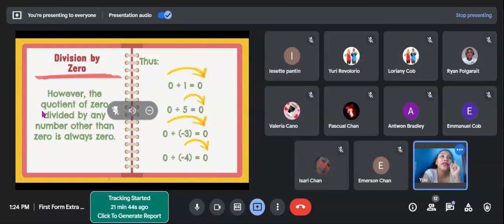So when I have 3 divided by 0, that gives me infinity. And when I have 0 divided by 3, that gives me 0. So do you understand that these are two different questions with two different answers?